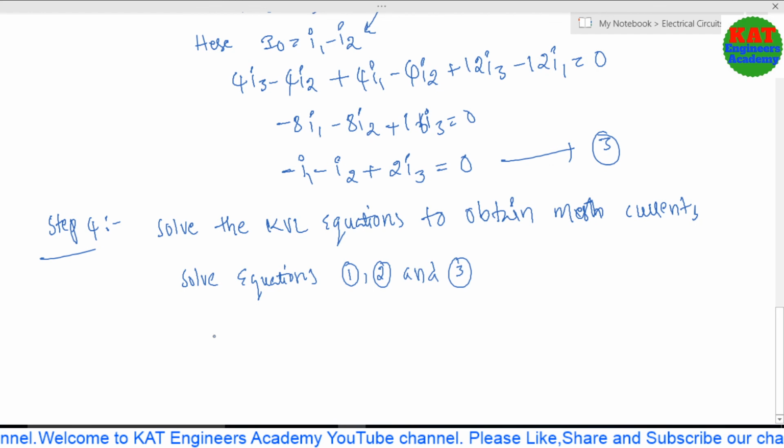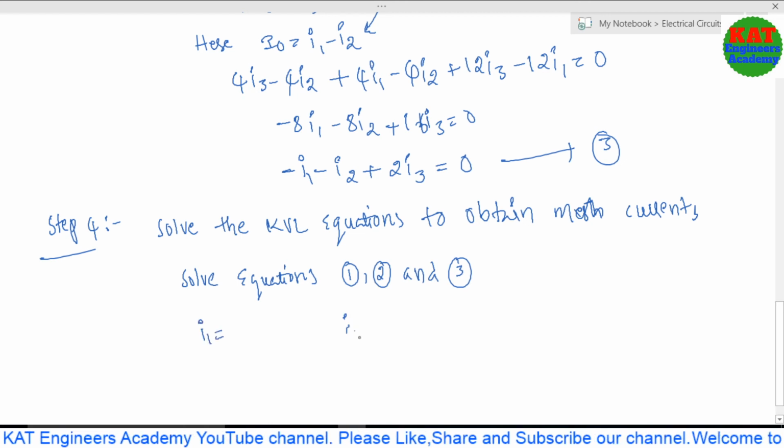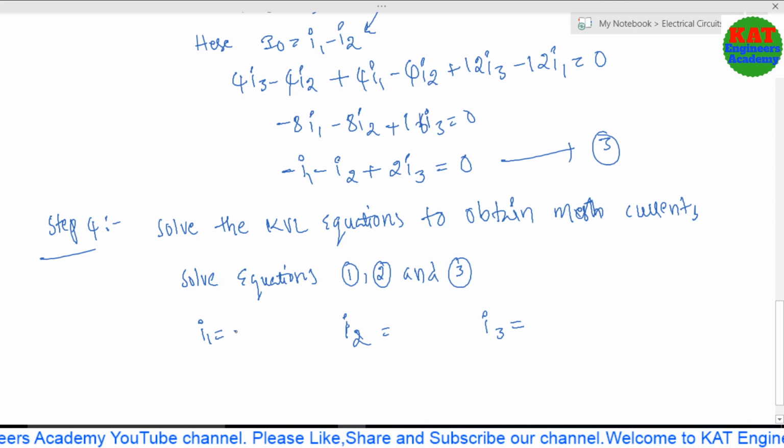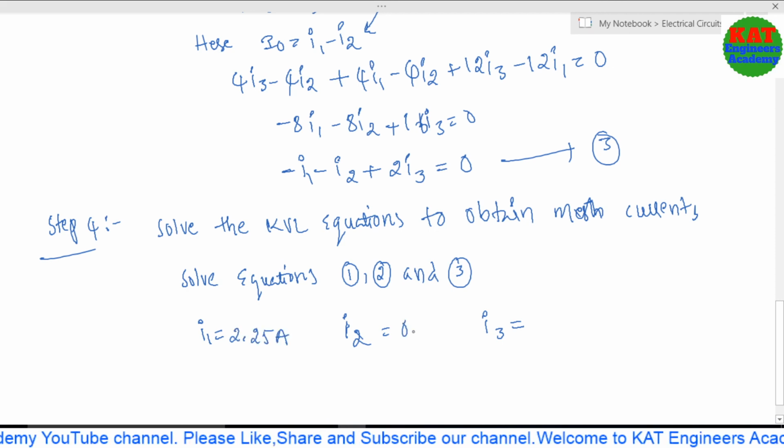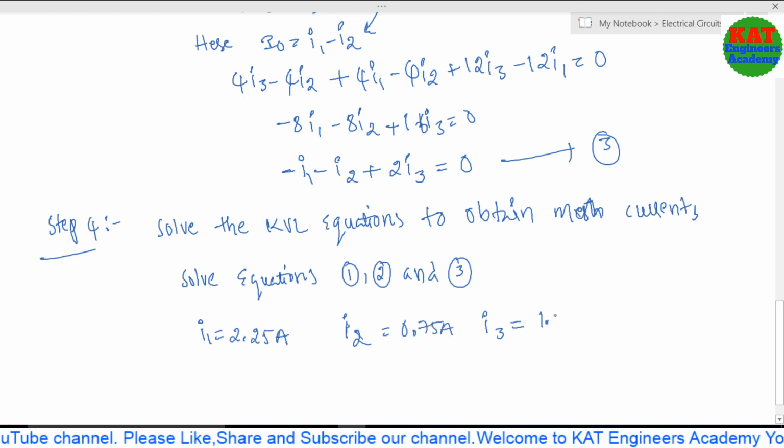By simplifying the 3 equations we get small I1, I2 and I3. After simplifying, I1 is 2.25 amps, I2 is 0.75 amps, and I3 is 1.5 amps.